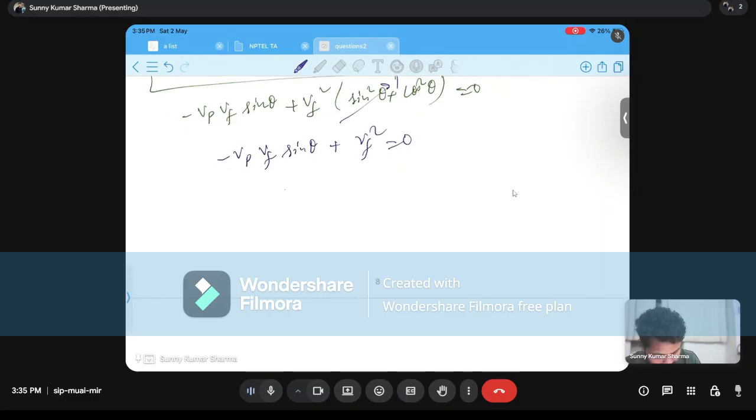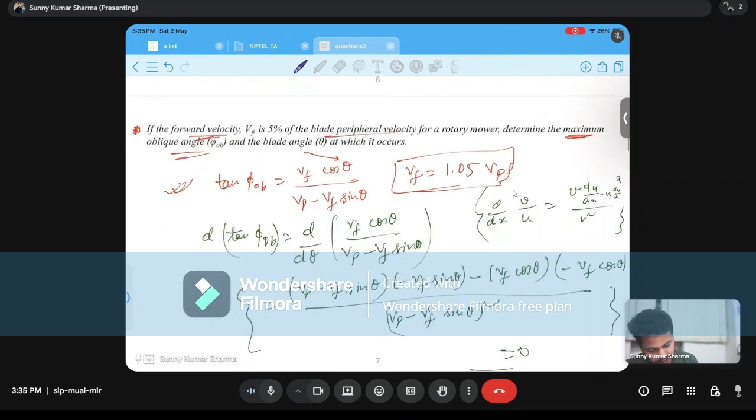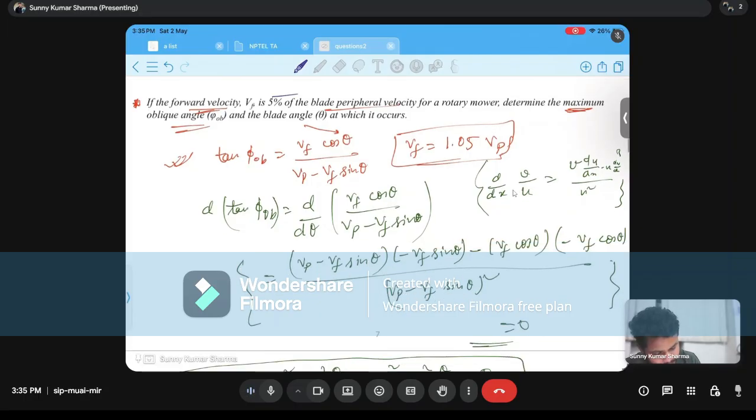From here we can see that sin theta is Vf by Vp, and there is a relation given in the question: Vf is 5% of Vp, which means Vf is equal to 0.05 Vp.